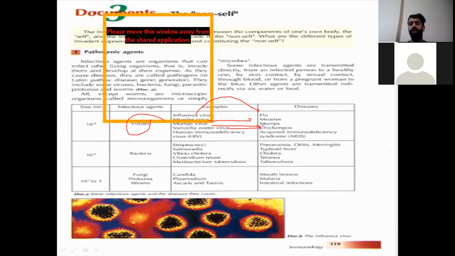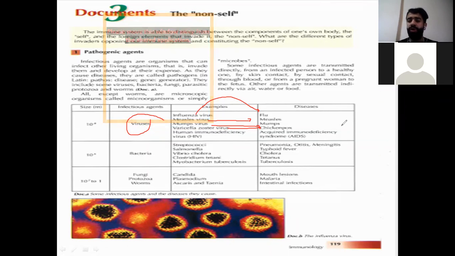The human immunodeficiency virus, HIV, causes the disease which is called AIDS, acquired immunodeficiency syndrome. AIDS: A acquired, I immuno, D deficiency, S syndrome. Bacteria, we have a lot of bacteria.